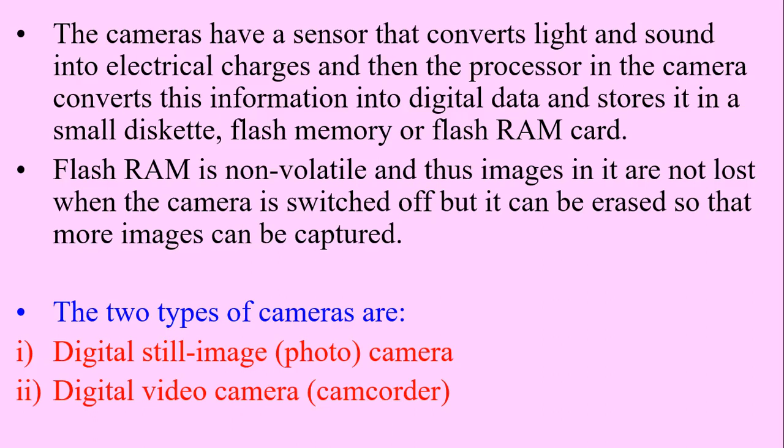Flash RAM is non-volatile, and thus images in it are not lost when the camera is switched off, but it can be erased so that more images can be captured. The two types of cameras, therefore, are number one, the digital still image camera, also called photo cameras, and number two, digital video cameras that are sometimes referred to as the camcorder.